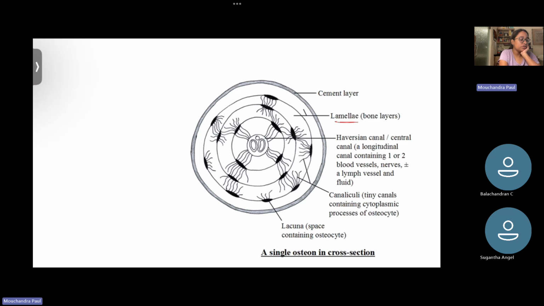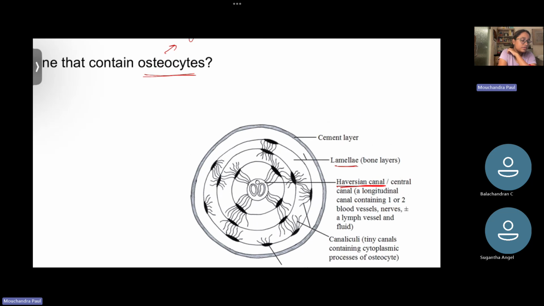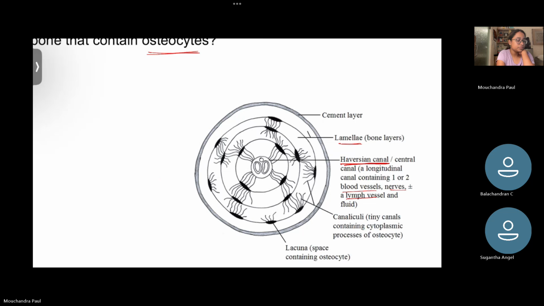Running through the center of the osteon is the Haversian canal, and it contains the blood vessels, lymph vessels, and nerves. That supplies oxygen and nutrients, helps remove excretory products, as well as giving sensory stimuli.